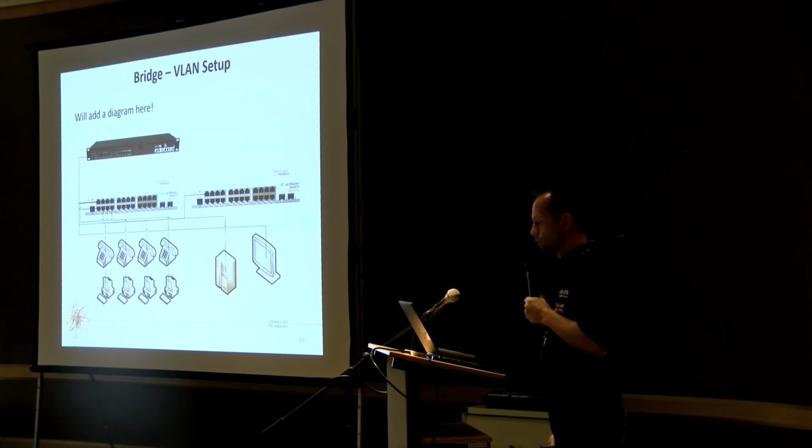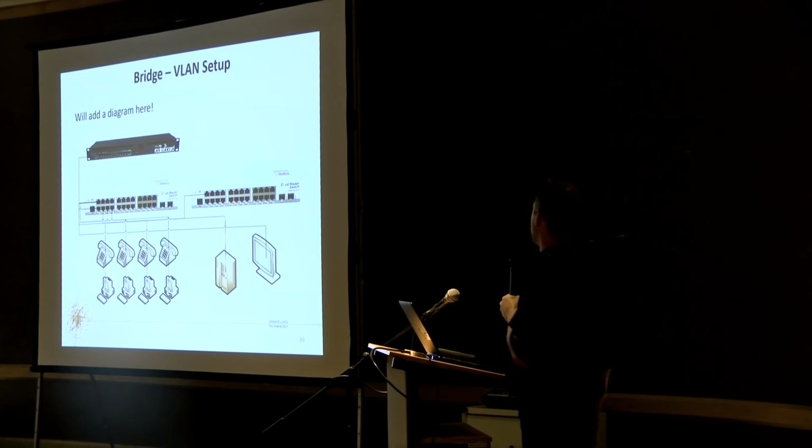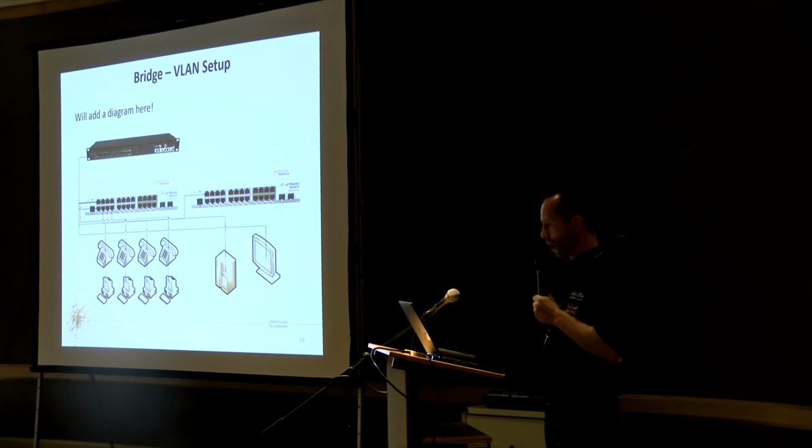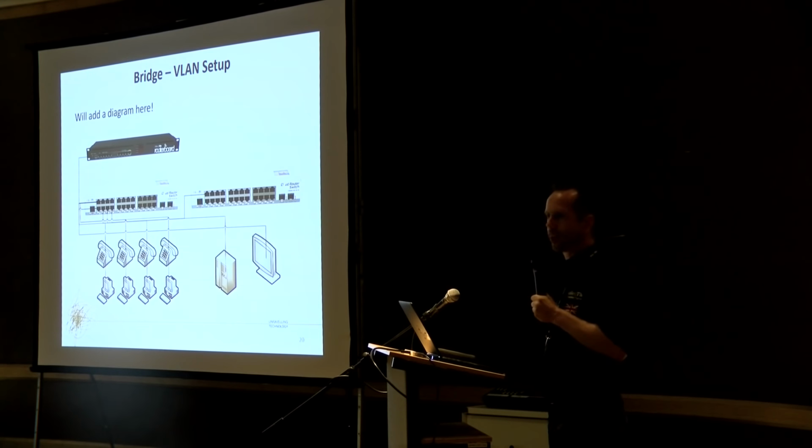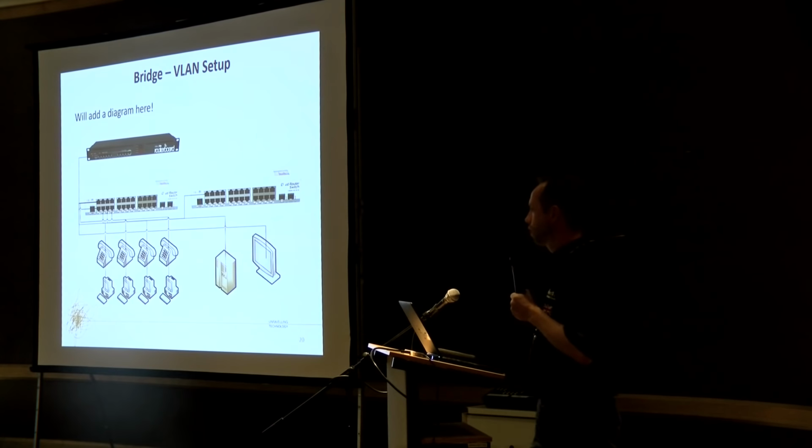So what I've done here, I've created a simple setup that will mimic a lot of what we would do for our clients in their offices, to use this as a switch in the enterprise and our clients' offices to run their networks.